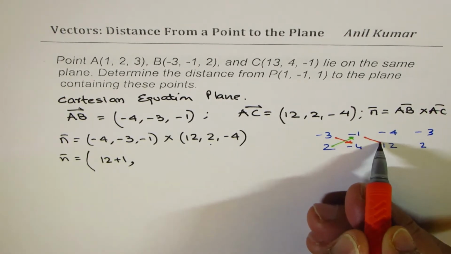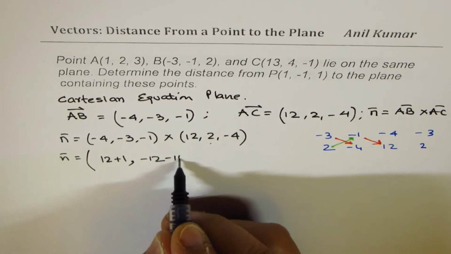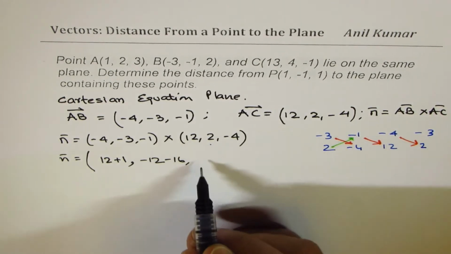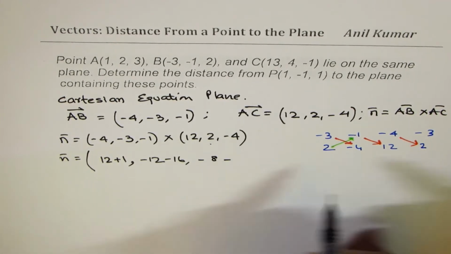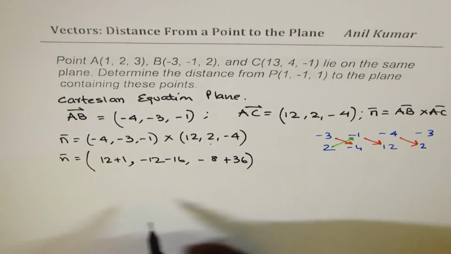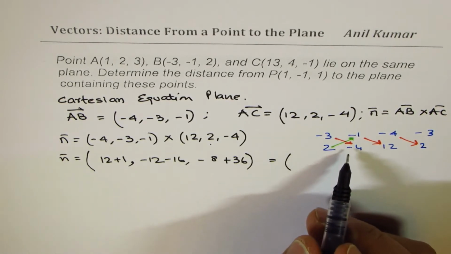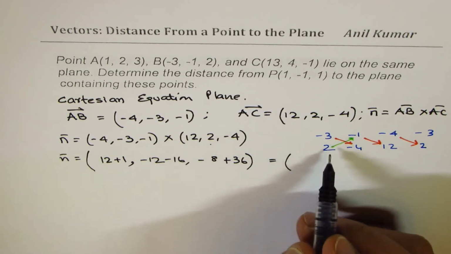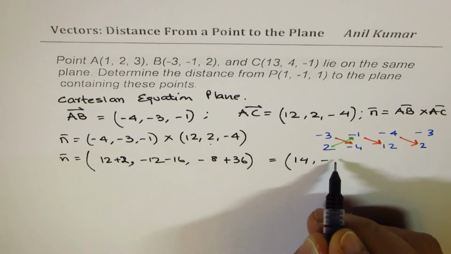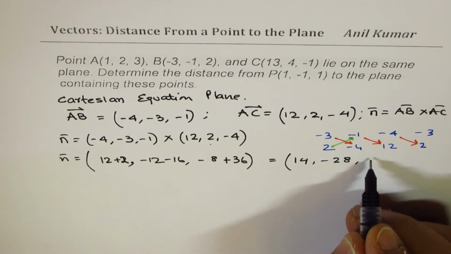And then with J we'll do this, which is -12 minus of 16, and the K component will be -8 minus becomes positive 36. Sorry, this is 2. So we get 14, minus 28, and this is 36 minus 8 as plus 28.